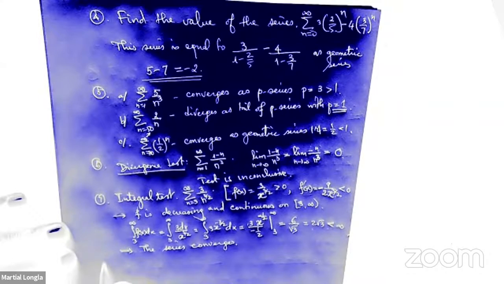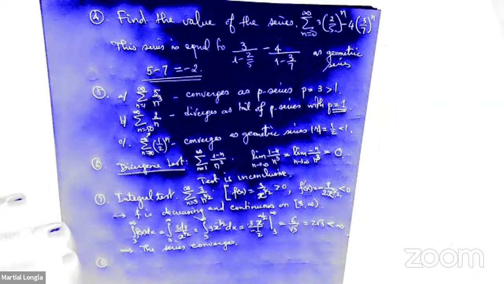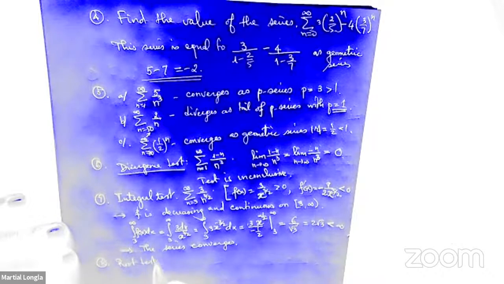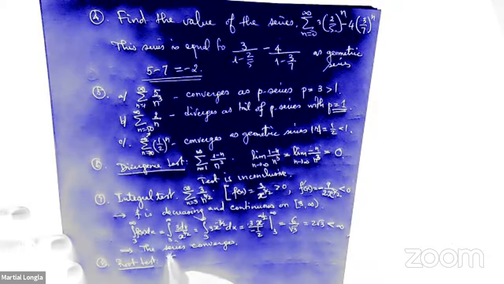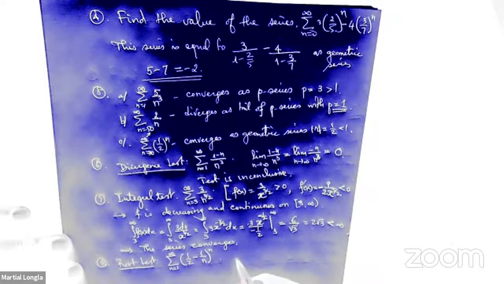Then you head to question 8. Root test. And the root test was for the sum n from 1 to infinity of (1 half minus 1 over n) to the power n.